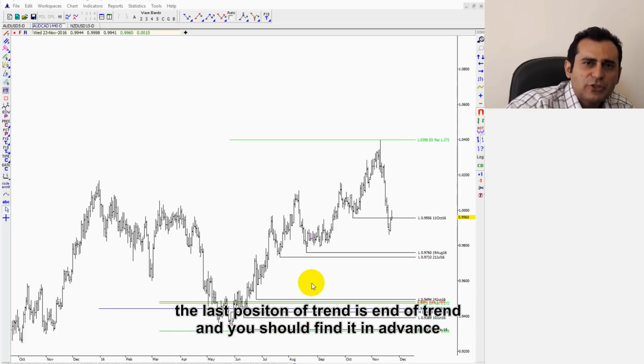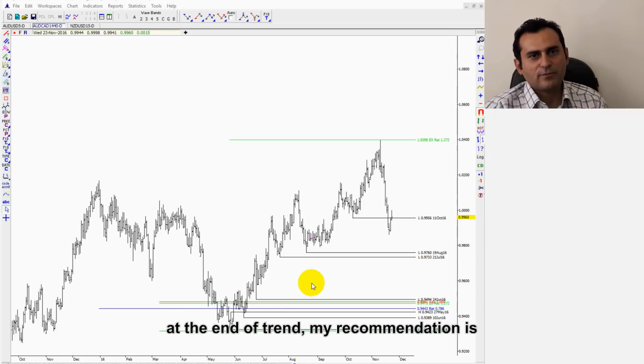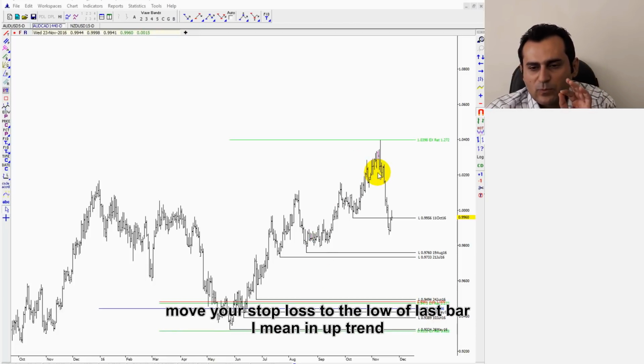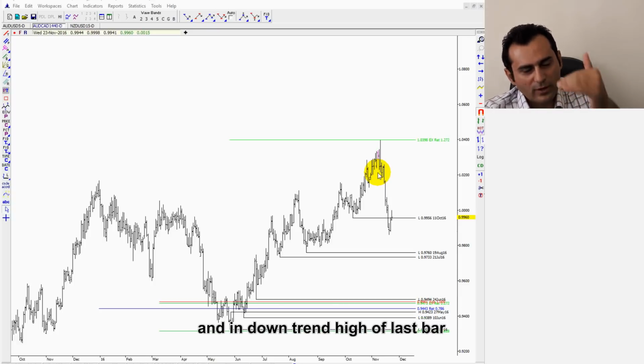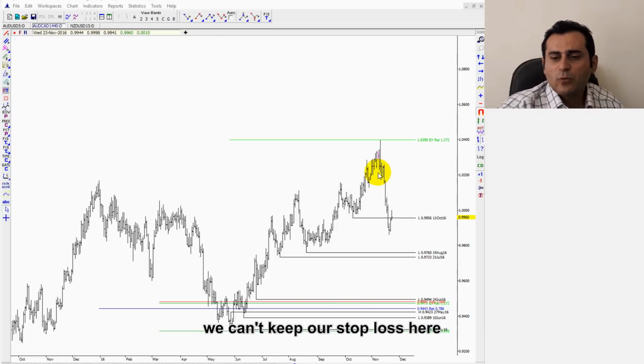The last position of the trend is the end of the trend, and you should find it in advance. At the end of the trend, my recommendation is move your stop loss to the low of the last bar. I mean in uptrend, and in downtrend the high of the last bar. At the end of the trend, because we know in advance the trend is over, we can't keep our stop loss here.